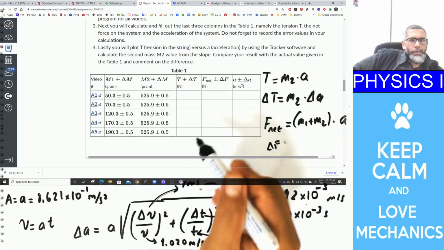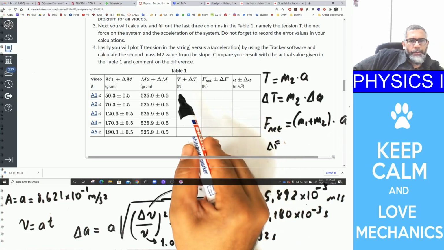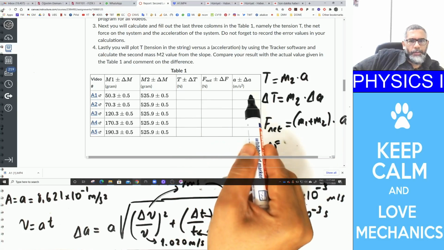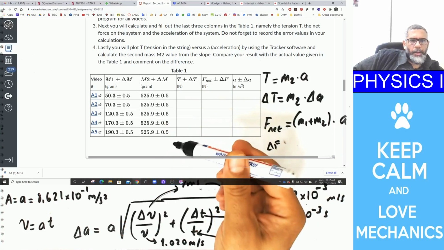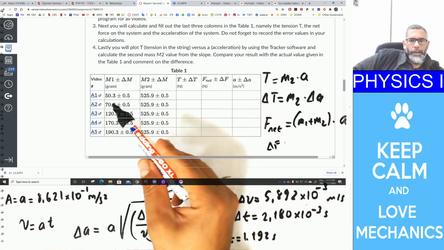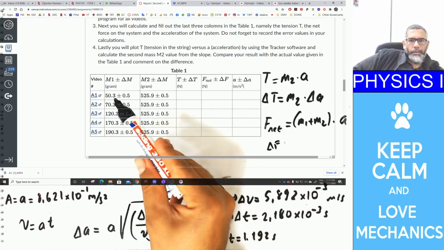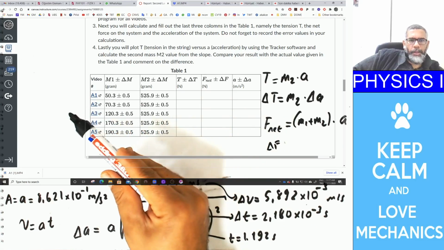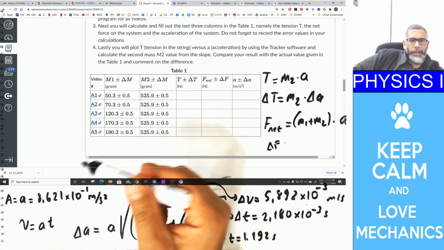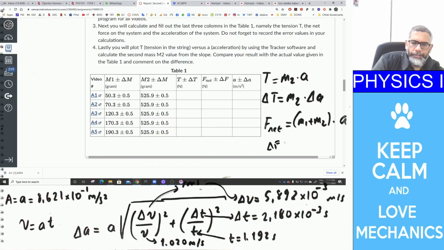This is the way you fill out the first row of this table, and all the rest you are going to do yourself, using for every row the corresponding video, downloading it and putting it onto the tracker and working it out the way that I showed you. Okay?